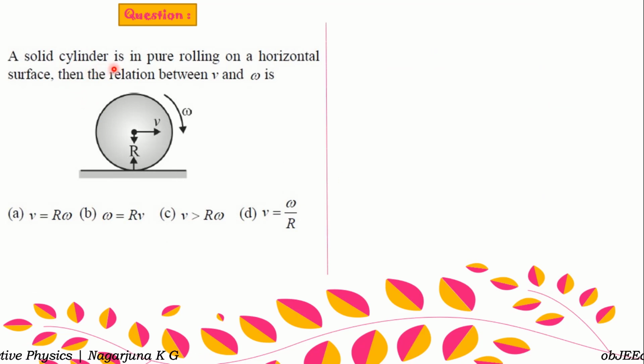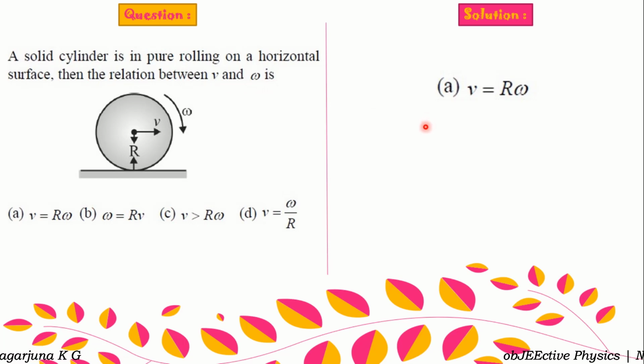A solid cylinder is in pure rolling on a horizontal surface, then the relation between V and omega is? In a pure rolling motion, the relation between linear velocity and angular velocity is V = Rω.